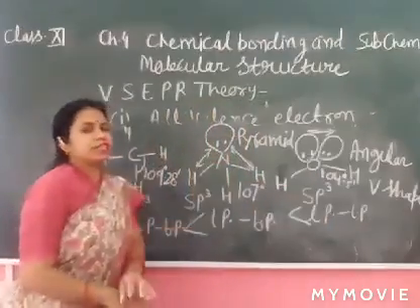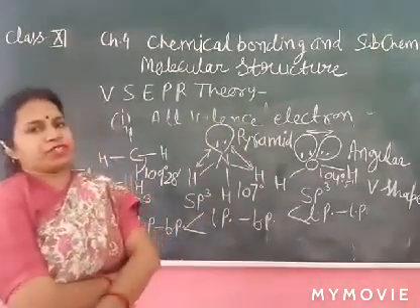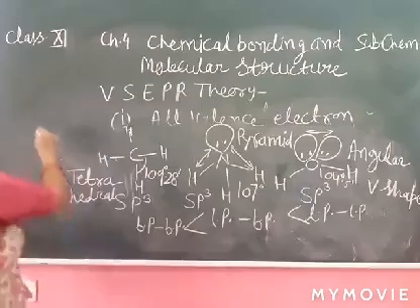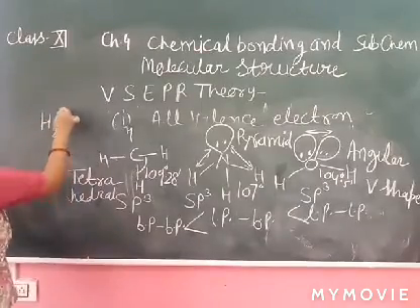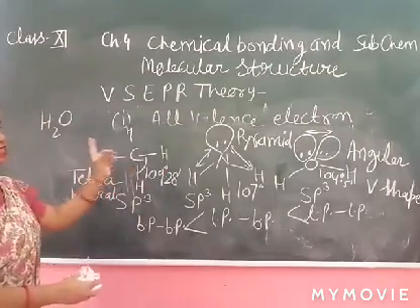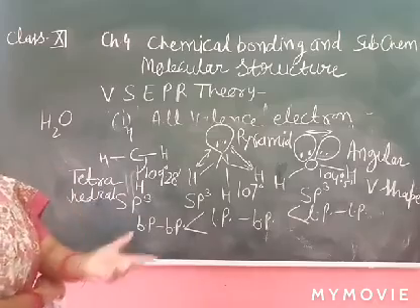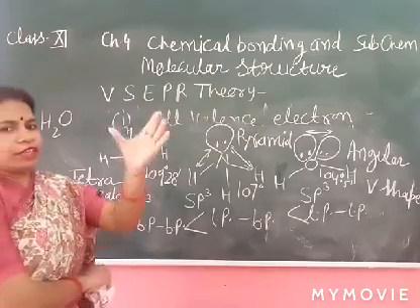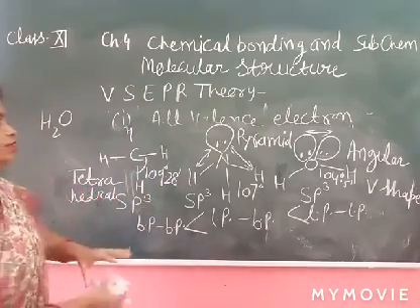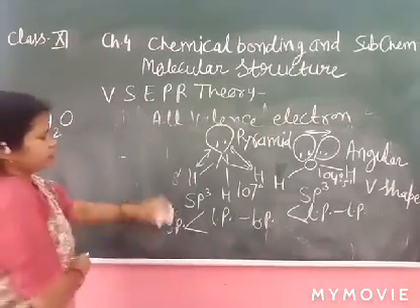The bond angle decreases with lone pair repulsion, like in H2O, NH3, CH4. In H2S, electronegativity is decreased. Now, next example, next point.